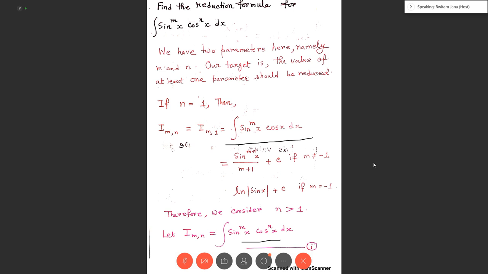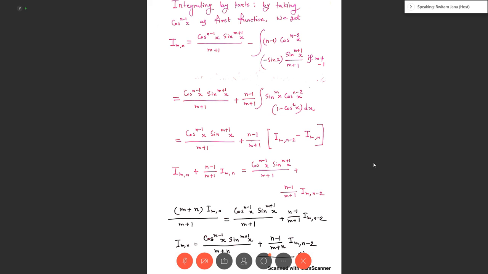Then you use integration by parts, and you will get cos to the power n minus 1 x sine to the power m plus 1 x divided by m plus 1 plus n minus 1 divided by m plus 1 times the integral of sine to the power m x cos to the power n minus 2 x and sine square x.